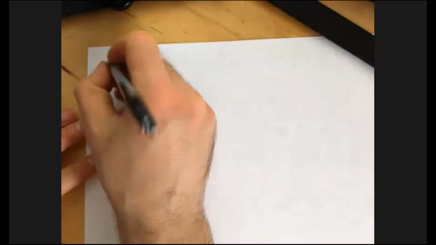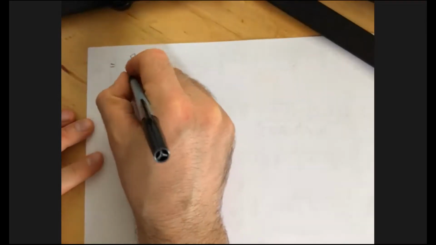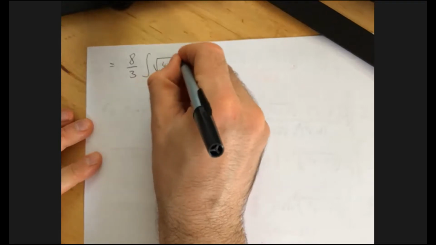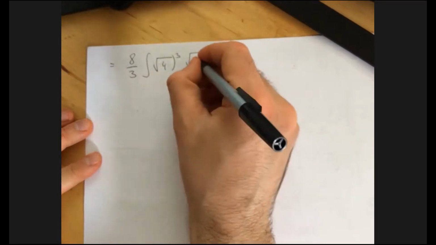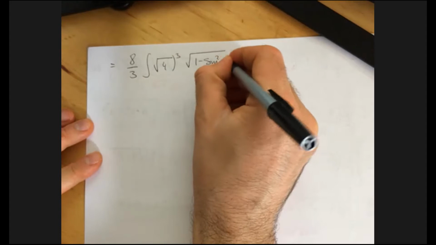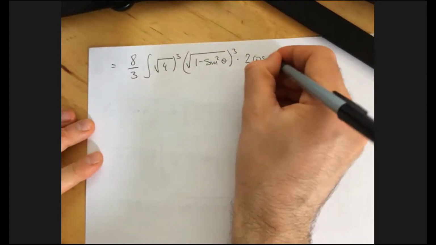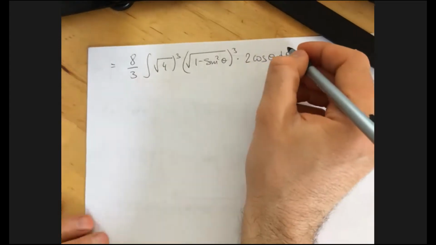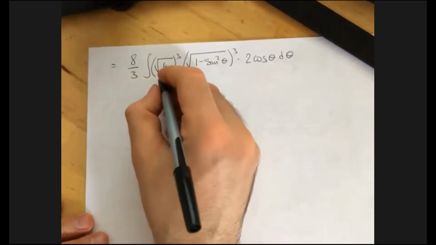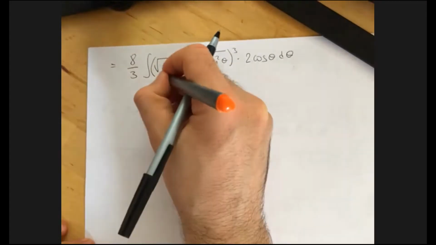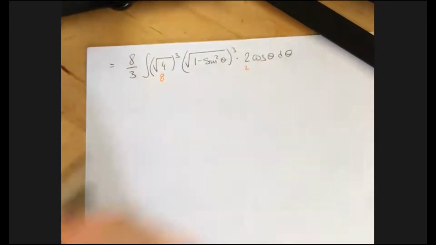If Eric thinks that I'm going too fast, maybe I should slow down a little bit, but I think I'm going pretty slow. So that's square root of 4 to the power of 3, then square root of 1 minus sine squared theta to the power of 3 times 2 cosine theta d theta. At this point, this is 8, and this is 2.